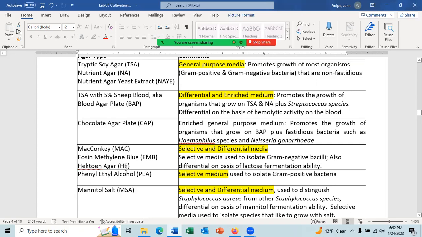With HE, the color is salmon colored if they can ferment the sugar lactose. With MacConkey's, they'll be pink if they can ferment the sugar lactose. And I think on EMB, it's either a metallic green or a dark color if they can ferment the sugar lactose.